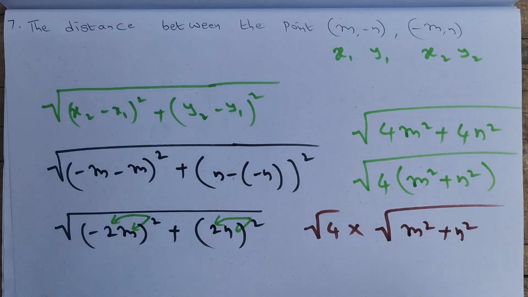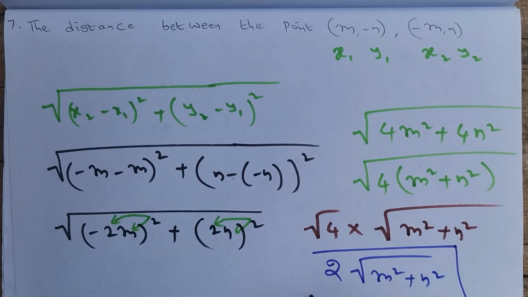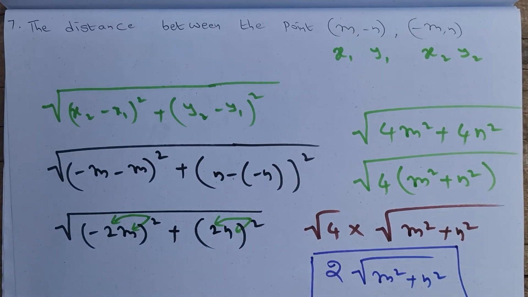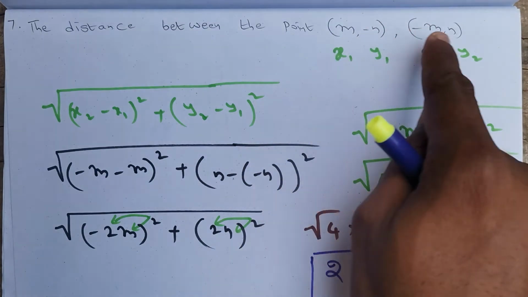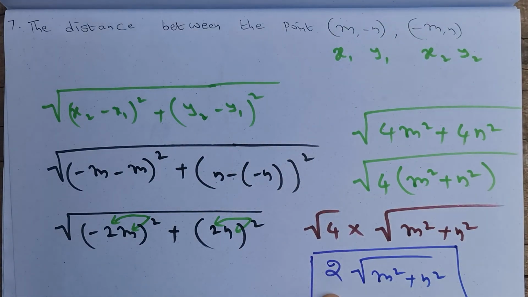Root 4 value is 2, into under root m square plus n square. It is not possible to simplify under root m square plus n square further, so leave it here only. So the distance between these 2 points is 2 into under root m square plus n square.